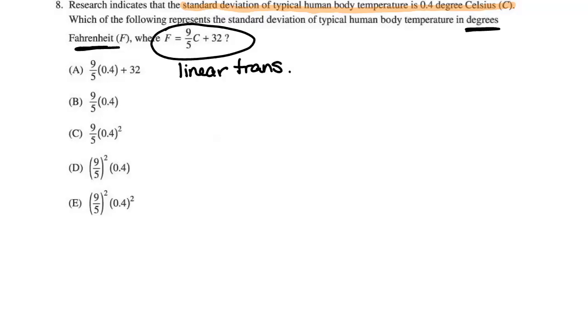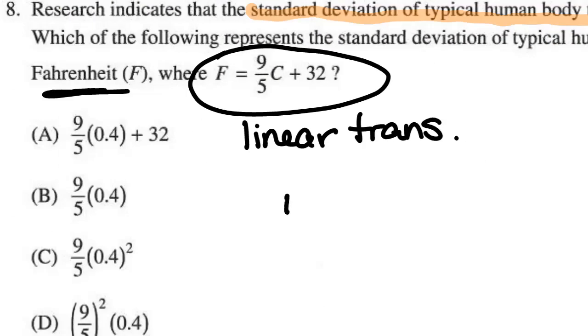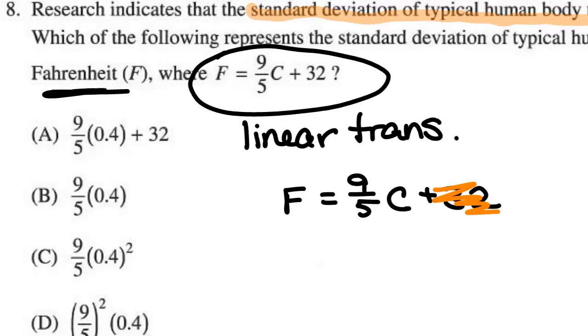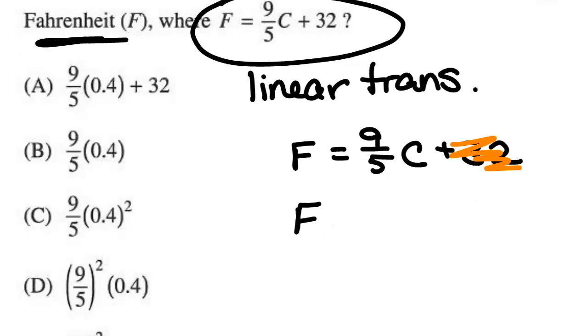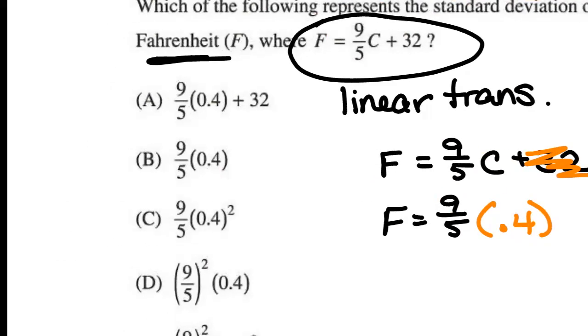Do we add and subtract standard deviations or with standard deviation? Never. So if I'm talking F equals 9/5 C plus 32, we get rid of this part. And so to convert the standard deviation into Fahrenheit, I have 9/5 times 0.4, which is option B.